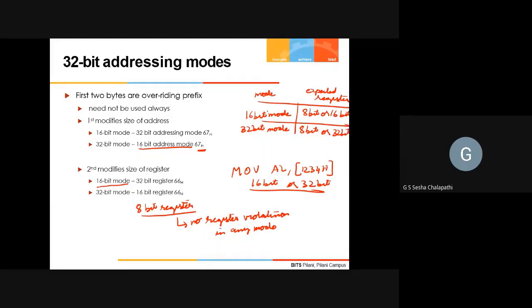In 32-bit mode, you either expect 8-bit registers or 32-bit registers to be used. Since in this case, move AL, 1234H in brackets, you are actually using 8-bit registers, therefore there will not be any violation.